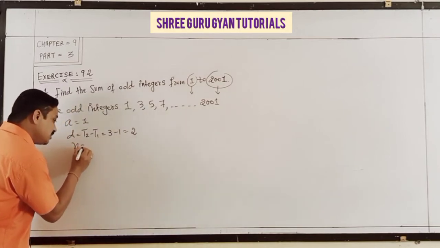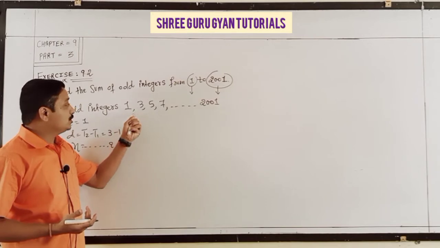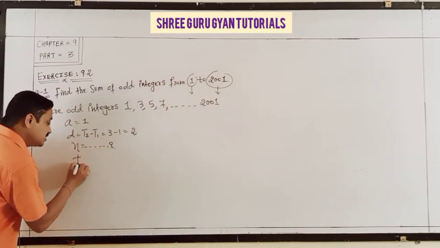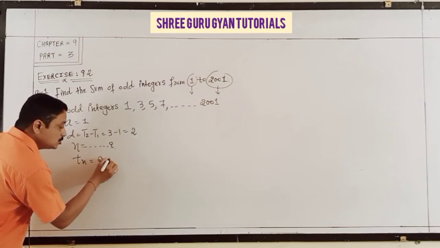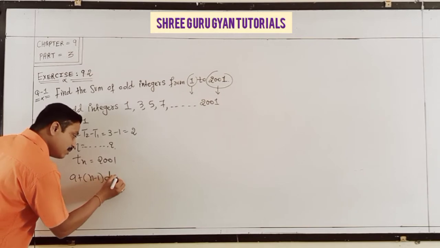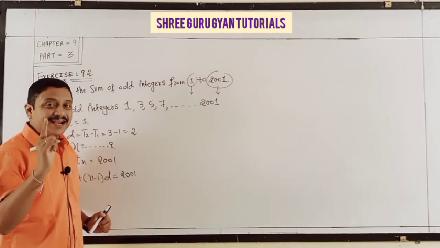And n is unknown, the total number of terms, so I find out n. What is Tn? The last term is 2001, which is a plus n minus 1 d. Now put in a and d and find n.